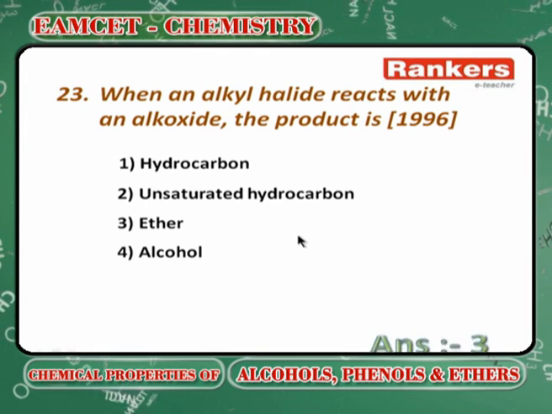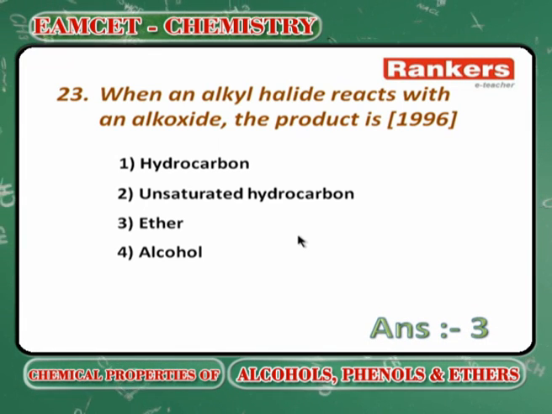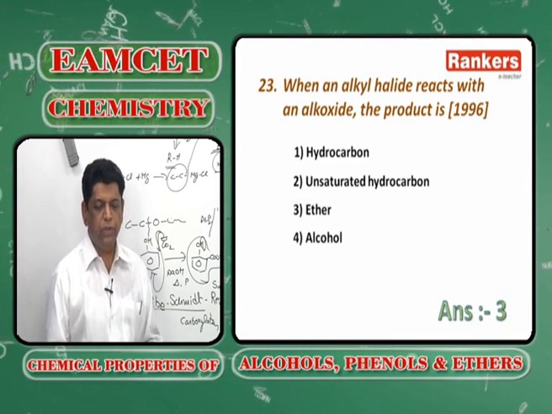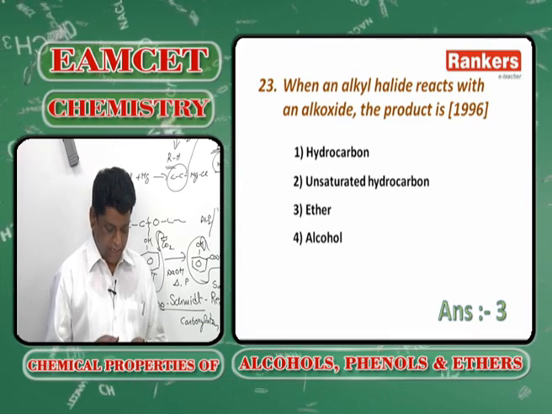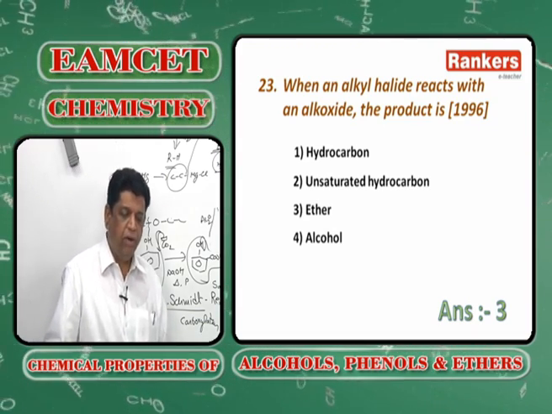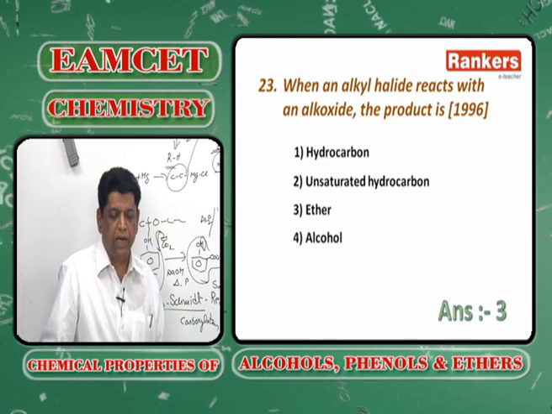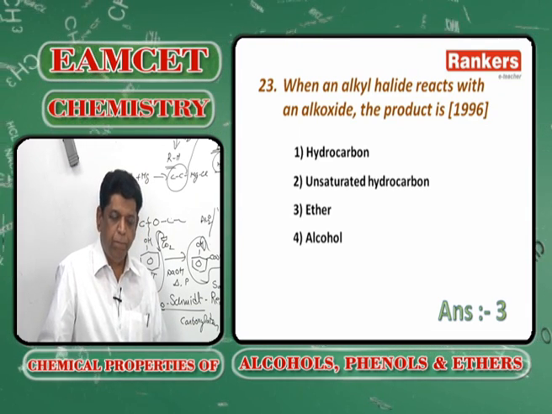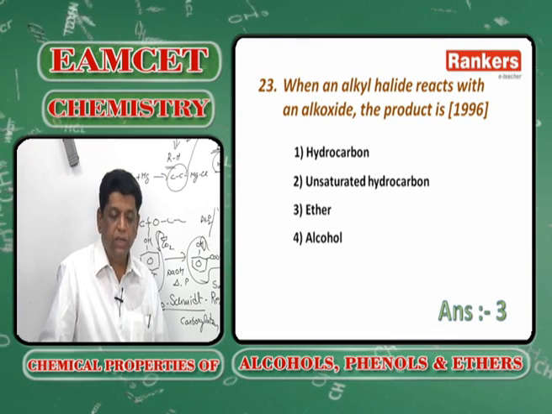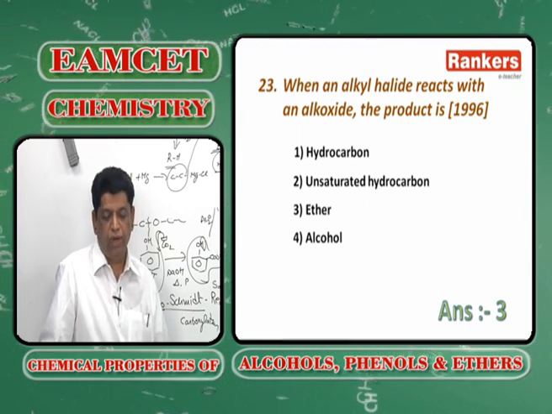Next, when an alkyl halide reacts with an alkoxide, the product is an ether. So there is a nucleophilic substitution leading to ether formation. As I said, this is a Nobel Prize winning reaction. We have a lot of philosophy in this reaction, in fact, about the byproduct. Sodium chloride will be the byproduct. If you take 2 alcohols, water is formed as the byproduct.